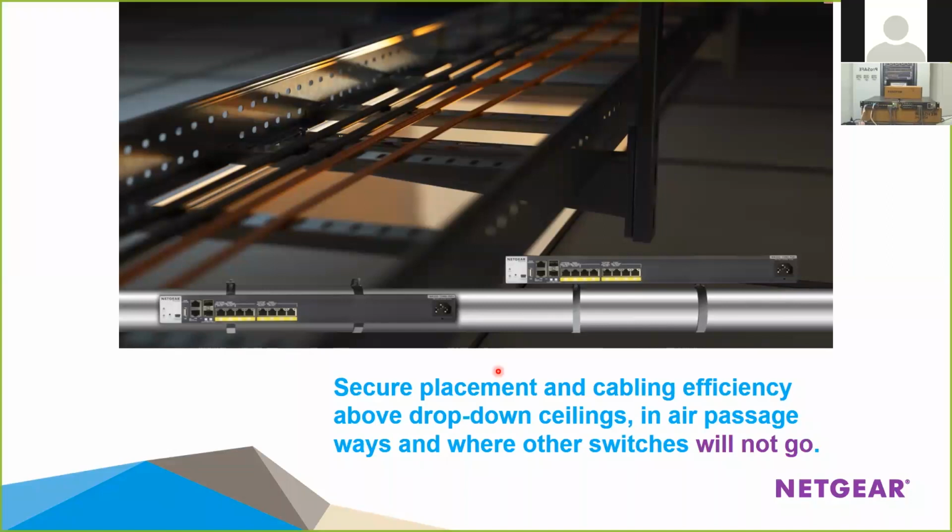So this switch will go where other switches just can't go, with a mount plate and a lot of accessories to go on poles, ceilings, walls, round poles, rectangular poles. All the accessories come with that switch so that we can facilitate the access point placement instead.